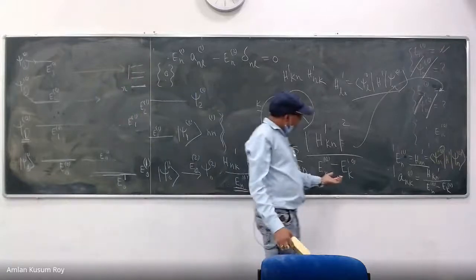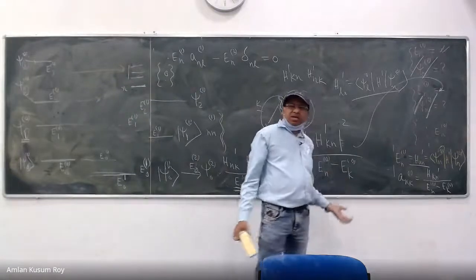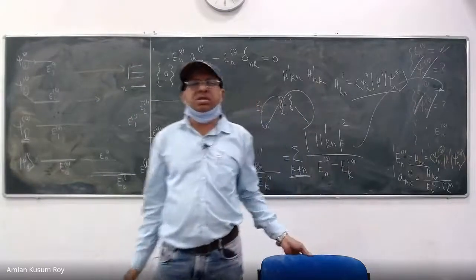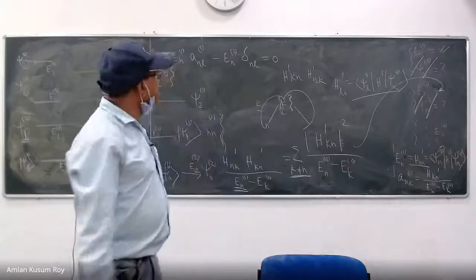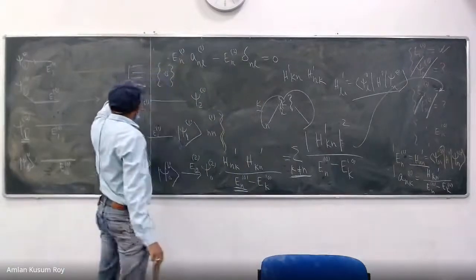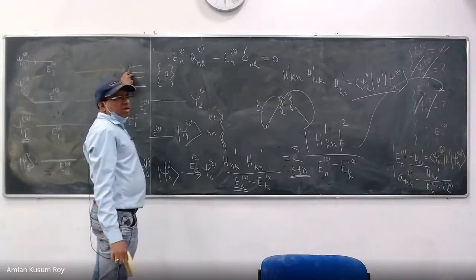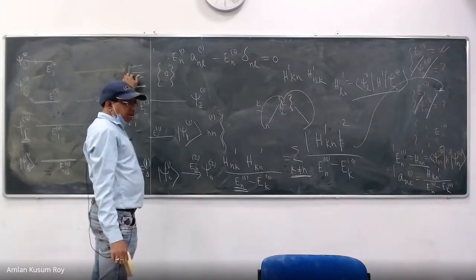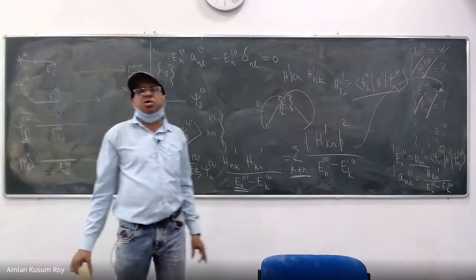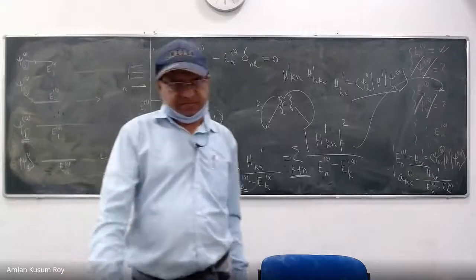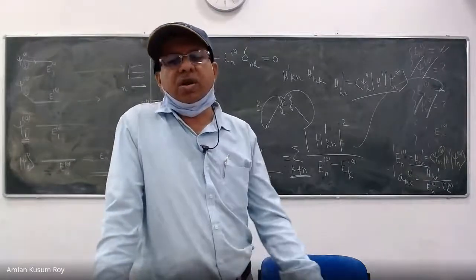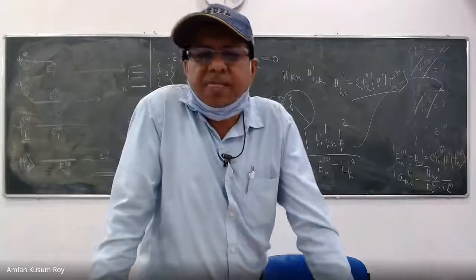This is the smallest energy difference, but it has the maximum contribution because it is in the denominator. So that means the states which are nearest to our considered state will have the maximum contribution in the second order correction. That's also seen from the equation.